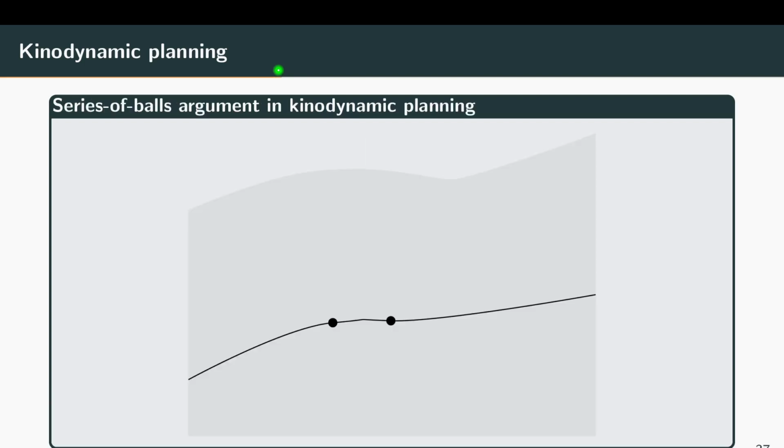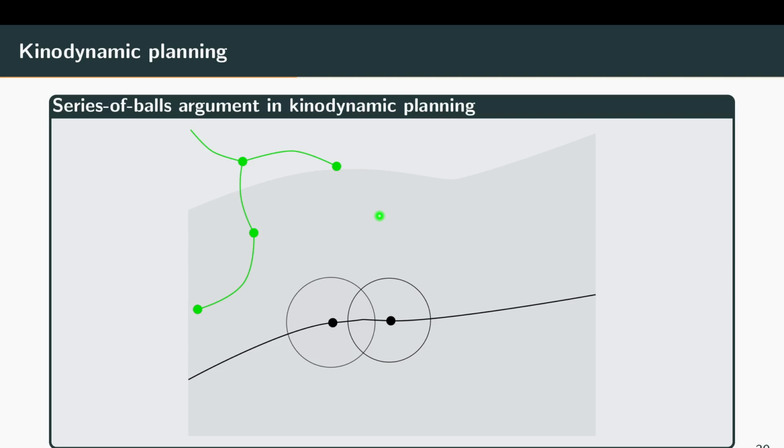Yeah, so again, in these little fun pictures for the series of balls argument, let's assume we have some solution trajectory from the start to the goal, and we just see some portion of it here. Those are samples on this example trajectory, and we have already grown some existing tree, marked in green. Now with a series of balls, we can draw the balls around it here.